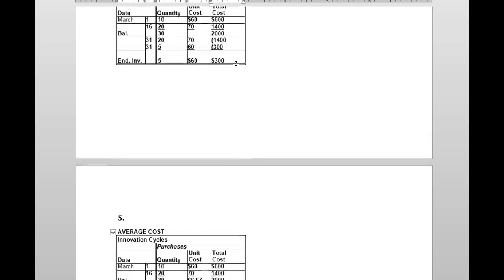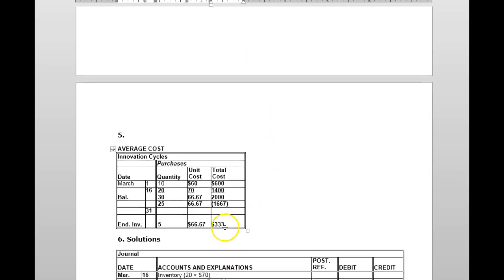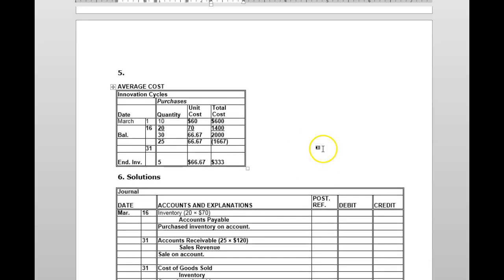So all three of them have a different cost of goods sold and obviously a different ending balance. So that's how you do the first in, first out. And now we're going to move on, and I'm not going to be quite as explicit as I have been with this one, but I will kind of explain things as we go through so that you can catch the nuances between the methods of valuing the inventory.